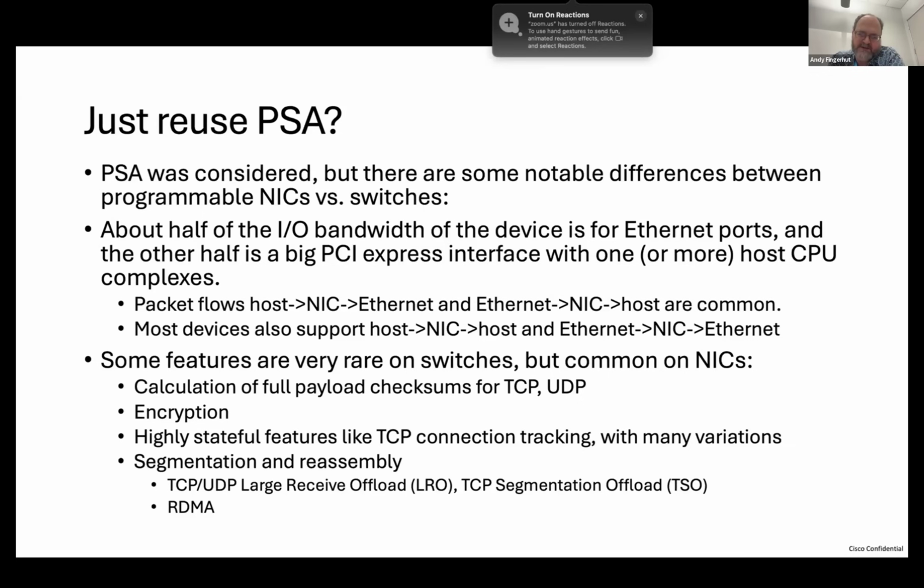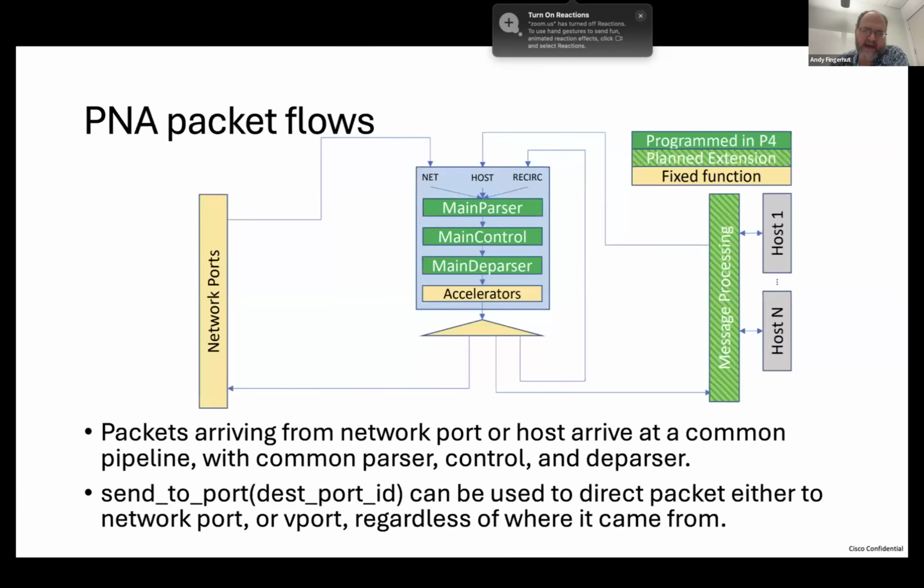Segmentation and reassembly features like large receive offload and TCP segmentation offload are extremely common. That's sort of like bread and butter for a NIC. So you don't want to leave those capabilities out of a programmable NIC, and many flavors of remote DMA. So these are some of the main reasons why we thought that, and also just the packet flows.